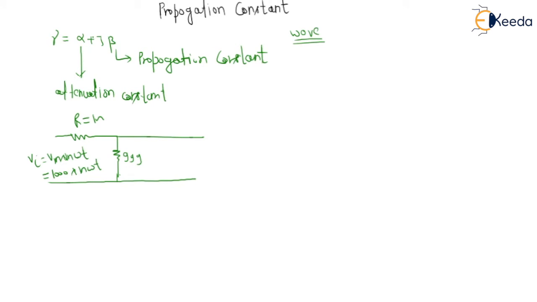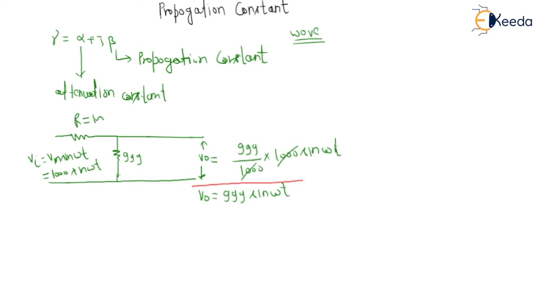Now if we calculate, the V naught value will be equal to 999 upon 999 plus 1, that is 1000 into 1000 sine omega t. 1000 will be cancelled out. V naught will be equal to 999 sine omega t.